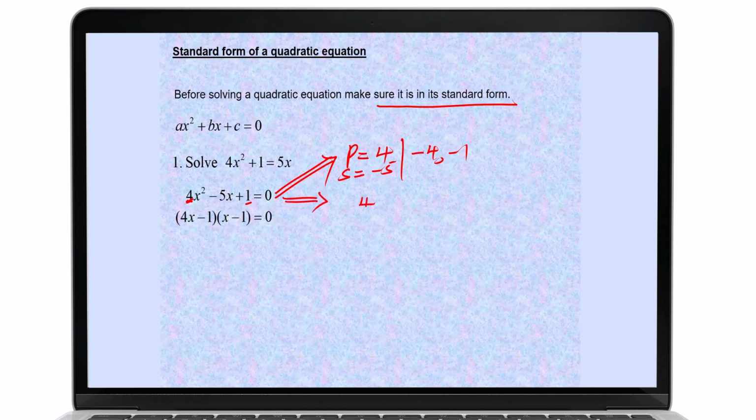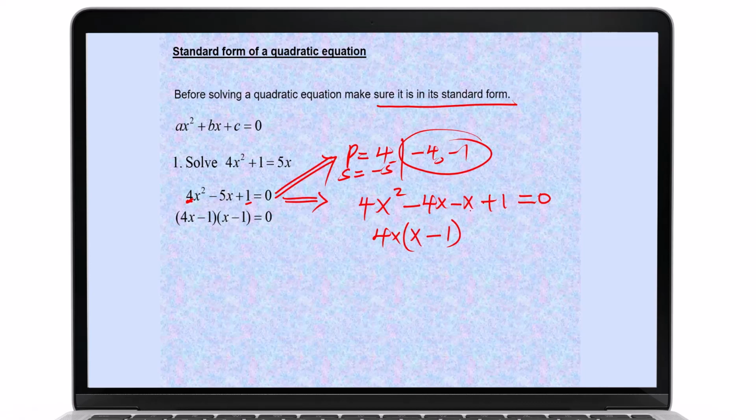So 4x squared. You write negative 5x using negative 4 and negative 1. So negative 5x will be negative 4x minus x, and plus 1 is equal to 0. So factorize: between 4x squared minus 4x, 4x is common. So you get x minus 1.